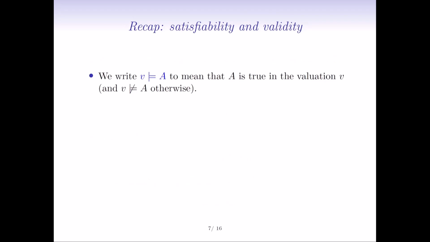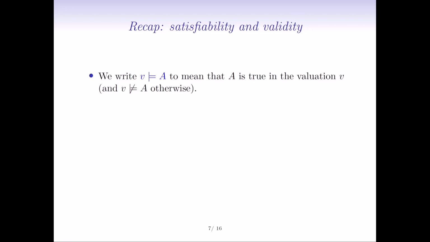So the last thing I wanted to recap today was the notion of satisfiability and validity of proposition logic formulas. Remember that if V is a valuation for a proposition logic formula A, then we write V double turnstile A to stand for V satisfies A, meaning that when we take the valuation V and use the truth tables for the connectives to evaluate the truth value of A in that valuation, then A turns out to be true.